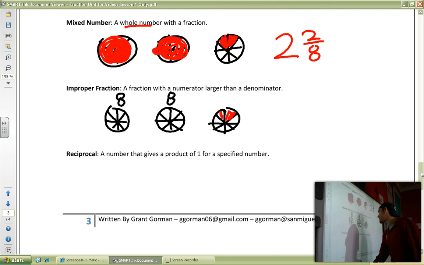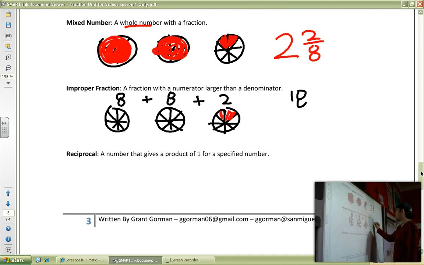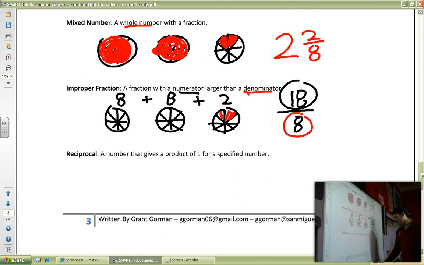I only had 2 parts of that. Okay, so I have 2. 8 plus 8, 16. Plus 2, 18 over my total parts for 1 pizza. You keep the same denominator like up there. I have 18 out of 8. That is what an improper fraction looks like. The numerator right there is larger than the denominator right there.